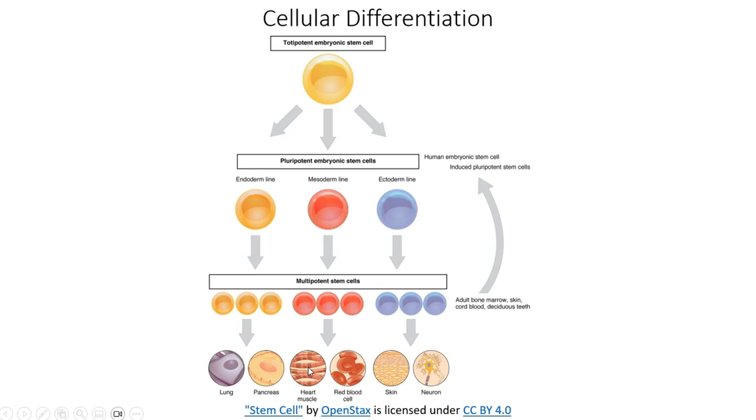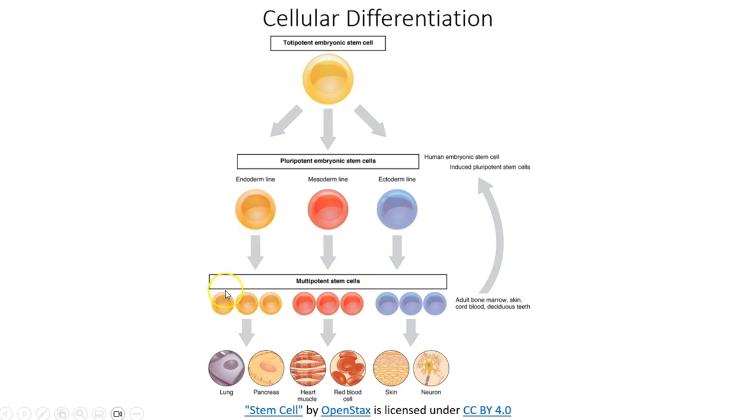All right, so that totipotent stem cell is going to make tons and tons of copies of itself so that some of those cells can be signaled to become that endoderm line. Some of them are going to head towards the mesoderm line, and some are going to head towards that ectoderm line. And then within each of those categories, they are going to further differentiate out into these multipotent stem cells.